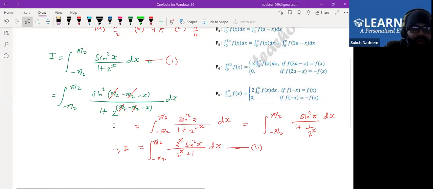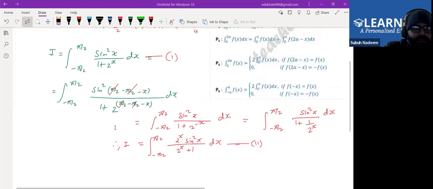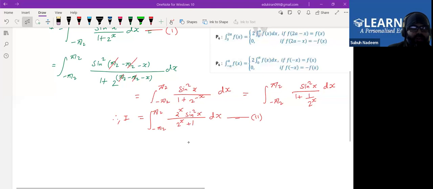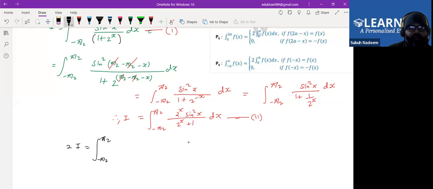So after writing till here, what will you do? Both of these I, can you add them up? Like, can you say that I plus I is 2I? Yes, sir. And we have limit minus pi by 2 to pi by 2 for both of them. And the denominator is 1 plus 2 to the power x for both of them. So that is the LCM.